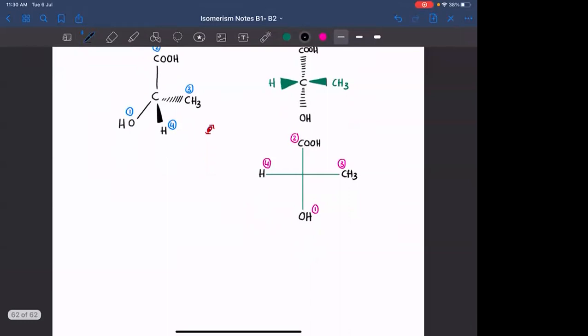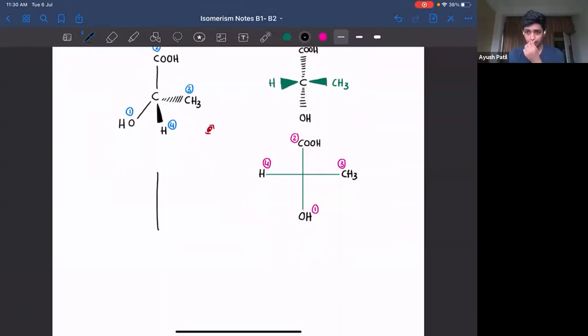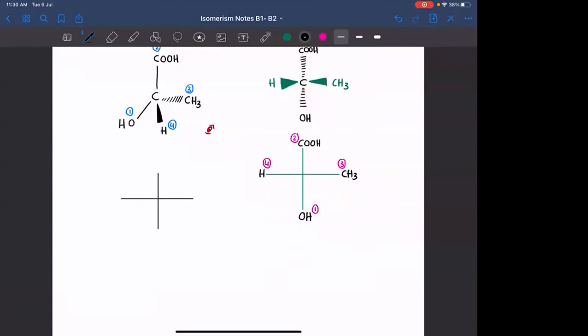Is that clear? Any doubt, anyone? So if I am interchanging, here there will be H, here COOH will come, and here you are having CH3 and OH.